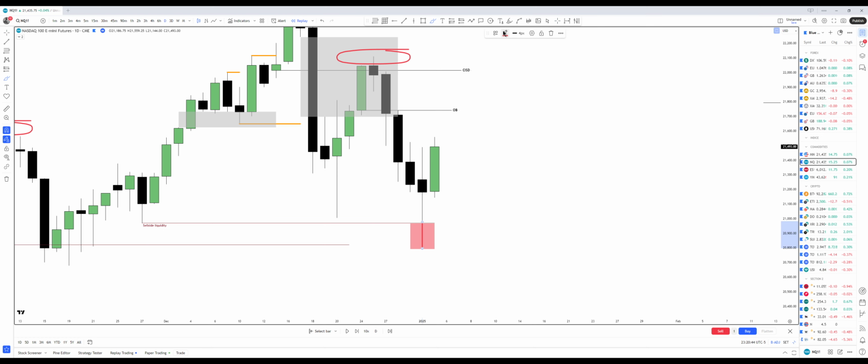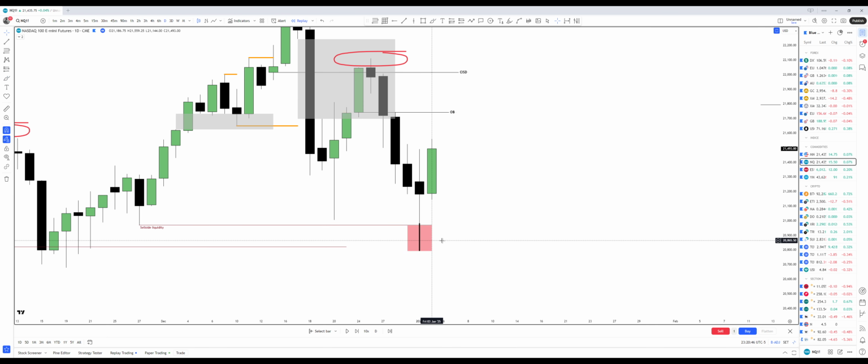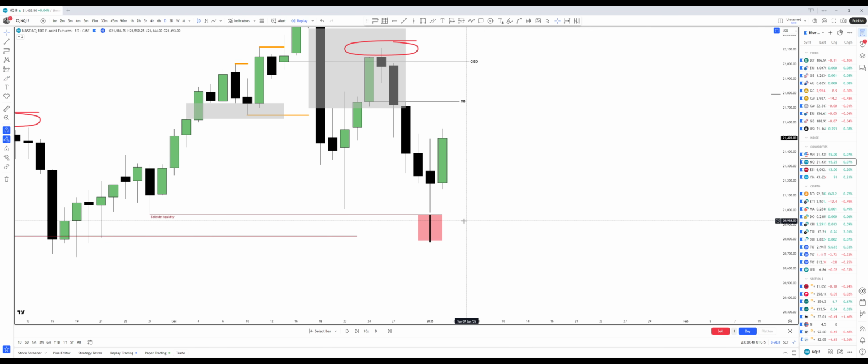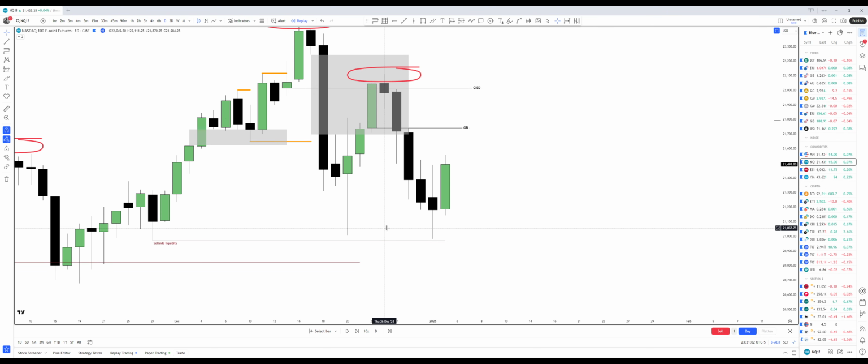So in order for a valid liquidity sweep to happen for me, I want to see a deep manipulation. This small touch right here is taking a small portion of the liquidity and engineering liquidity at the same time, so we can get retail, because this is where smart money pairs their orders.